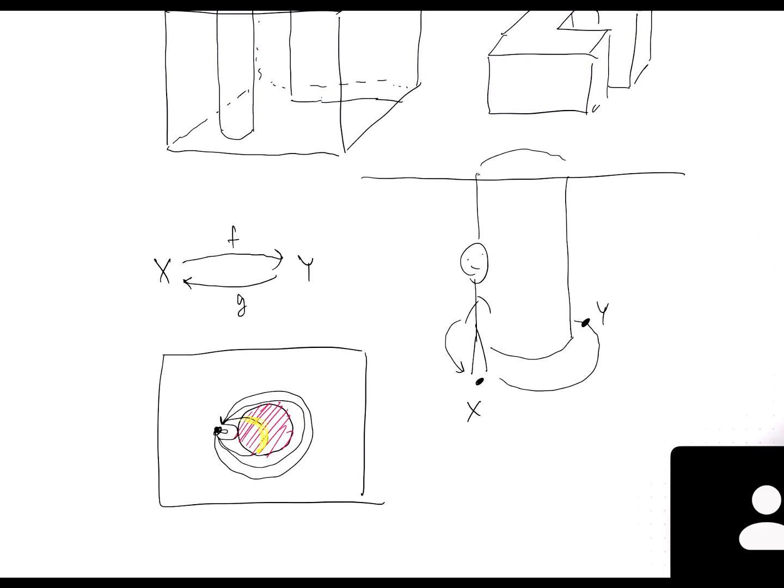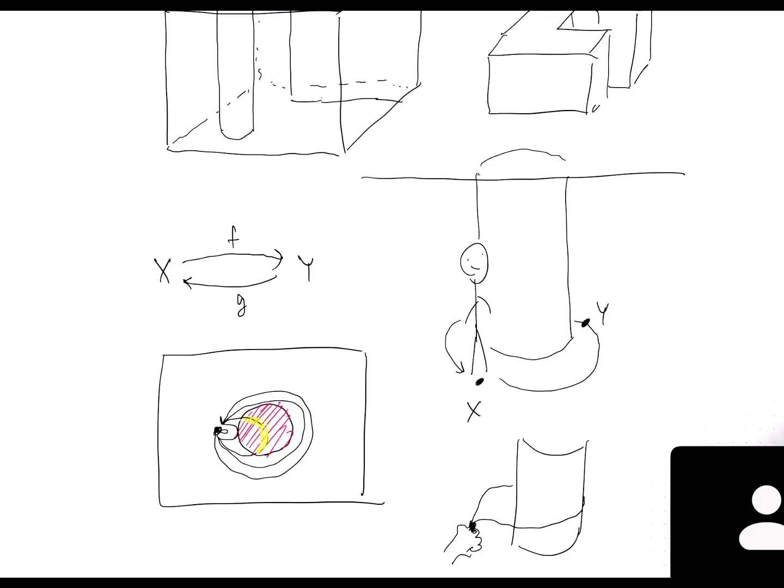So you can imagine taking a string and tying a string around that cylinder. So you're holding that string here, and it goes around the cylinder like this.